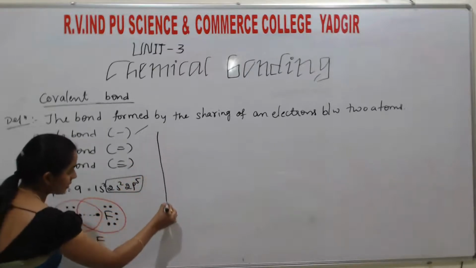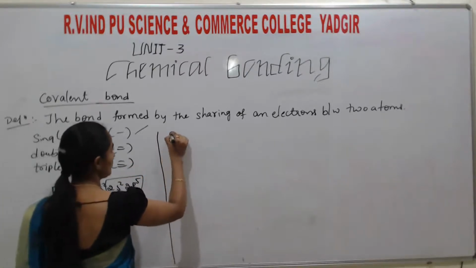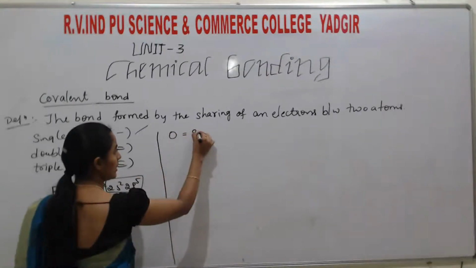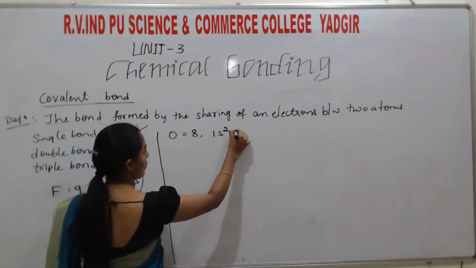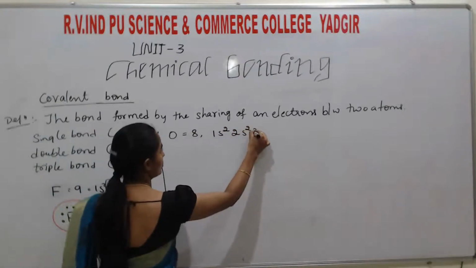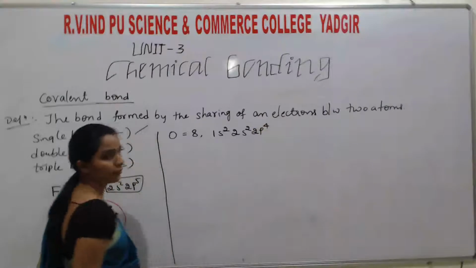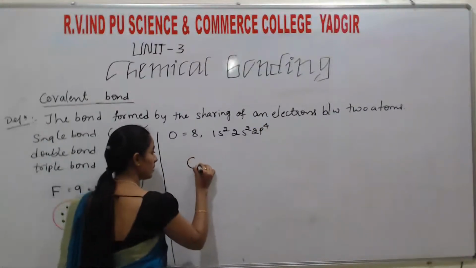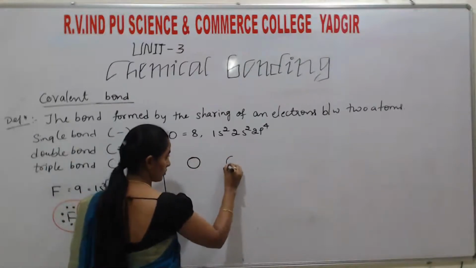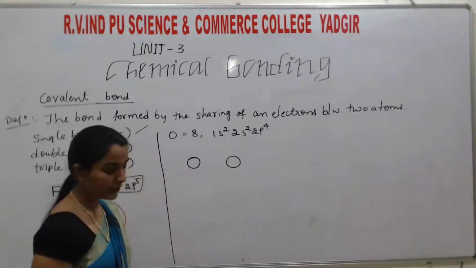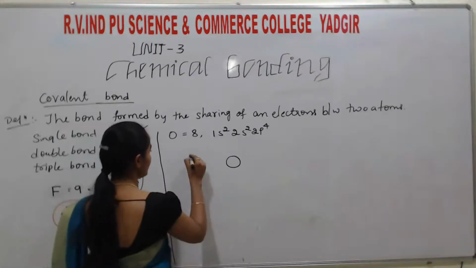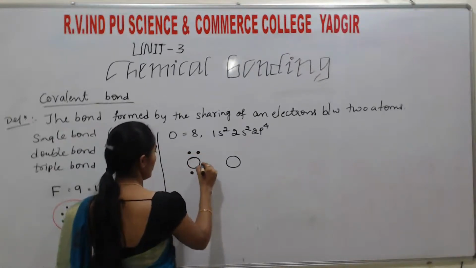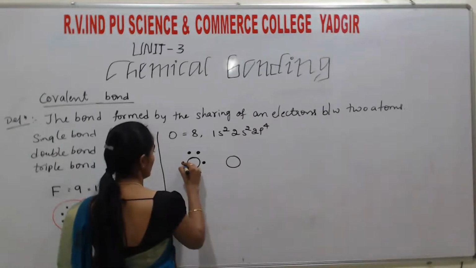Okay. So next we take oxygen. So atomic number of oxygen is 8. Configuration is 1s2, 2s2, 2p4. Okay. So here you consider two oxygen atoms. It has valence electrons 1, 2, 3, 4, 5, 6.